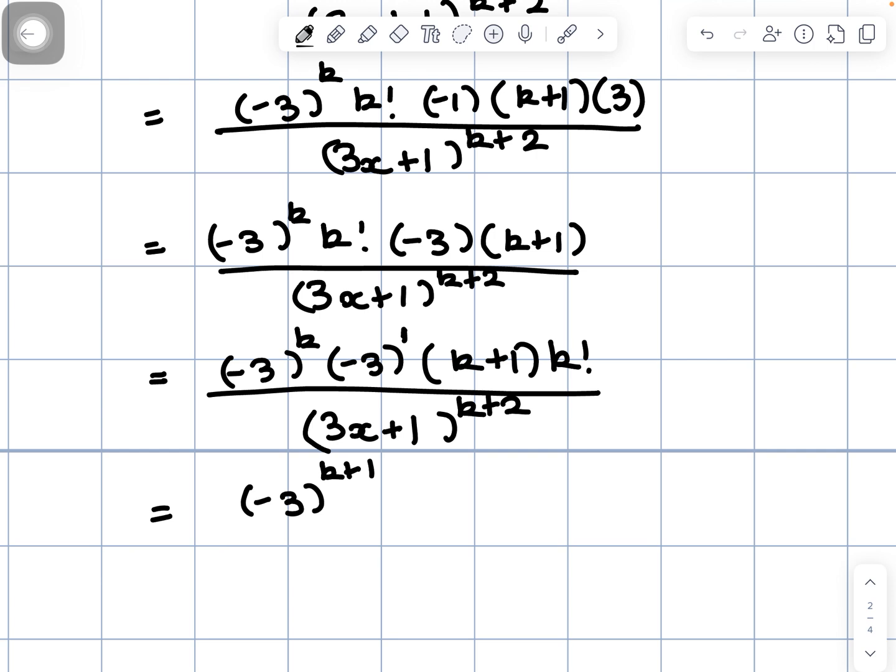Let me write it here in blue, using another color and making it a bit small. Recall that k plus 1 factorial is the same as k plus 1 times k factorial. You can try it using numbers. We're saying that 5 factorial is the same as 5 times 4 factorial.